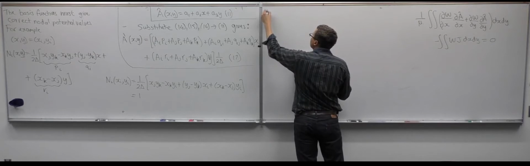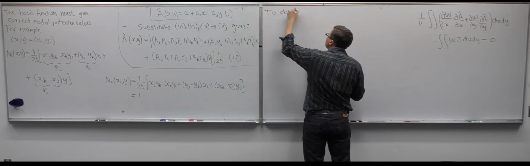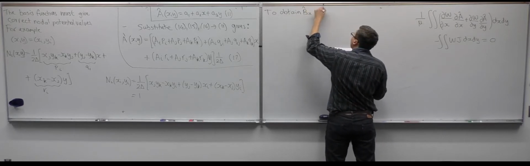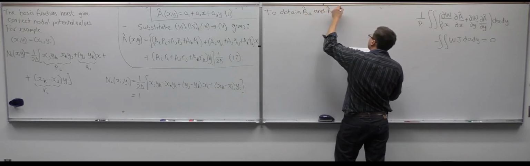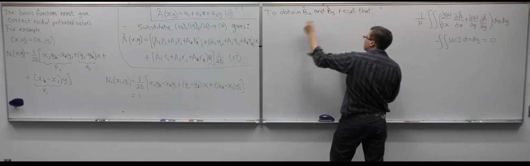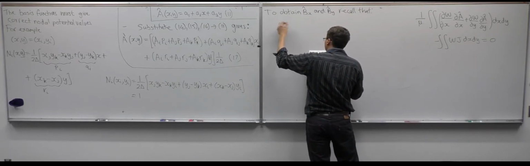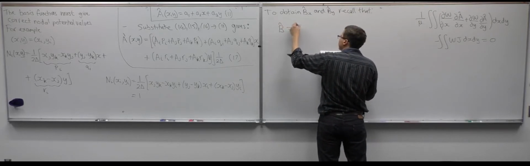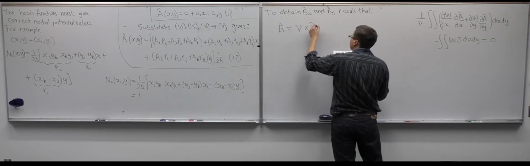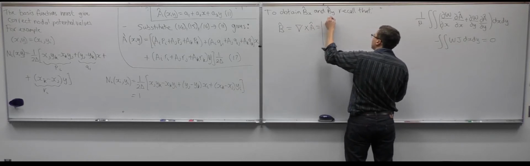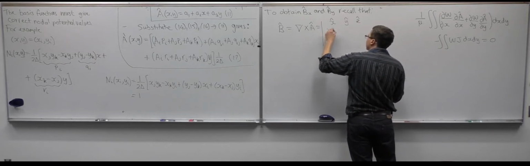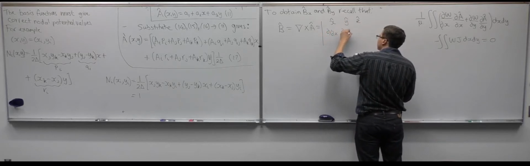So to obtain Bx and By, recall that the B magnetic flux density is equal to the curl of the magnetic vector potential. So in this 2D problem, we only have to evaluate the Z term.